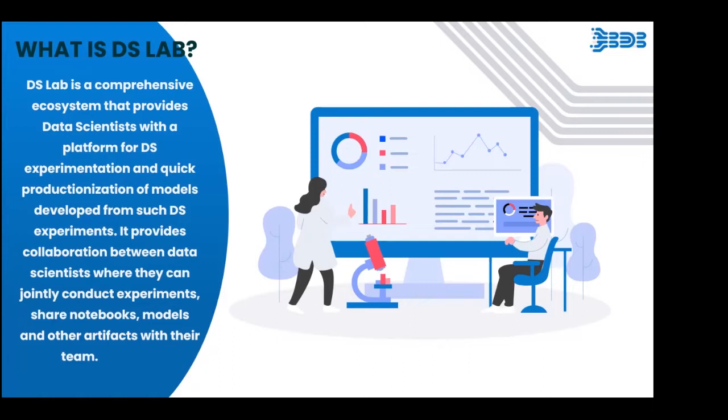How do I productionize my model? But in DS Lab, we are providing a complete ecosystem. You not only get the opportunity to create a notebook, do your experimentation, and create your models, but at the click of a button, you can also productionize your models to production, to our data pipeline.